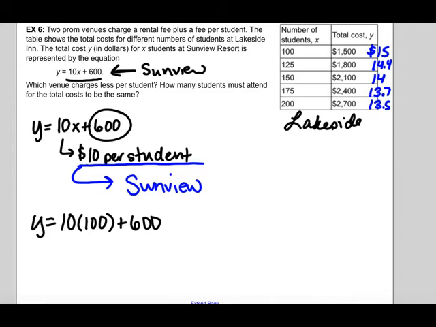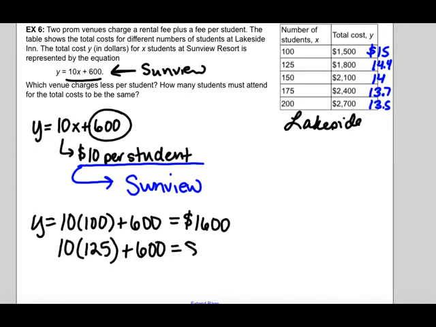That's going to be 1,000 plus 600, so that's going to be 1,600. So right now, Lakeside looks like it's doing better. Well, let's try 125 students. 10 times 125 is 1,250. Plus 600 is, I believe, 1,850. Well, we're getting closer.